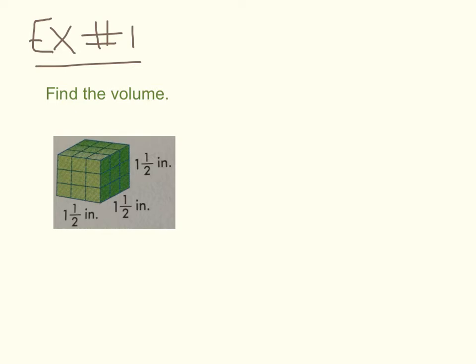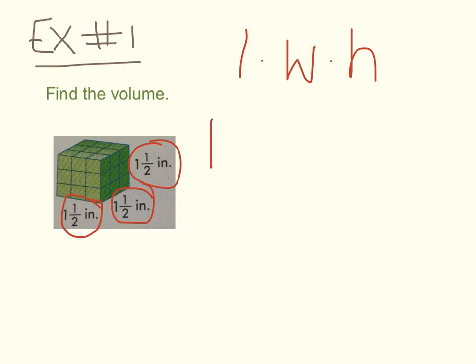Example 1, find the volume. It's the same exact thing we were doing. Volume is always length times width times height. So we're multiplying 1.5 times 1.5 times 1.5. What I think is easiest is just to change these mixed numbers into improper fractions.